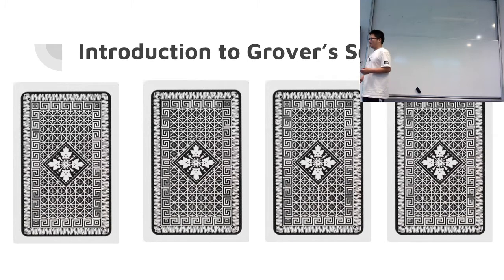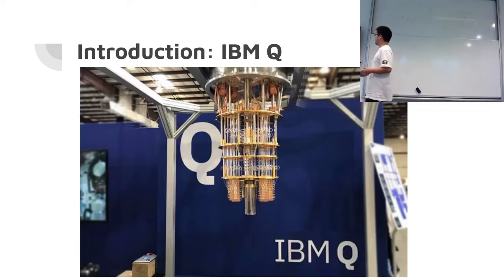Okay. So the platform I'm using is IBM Q, which the professor introduced to us, and it's an online quantum computer, which allows users from all over the world to use a real quantum computer through the internet.